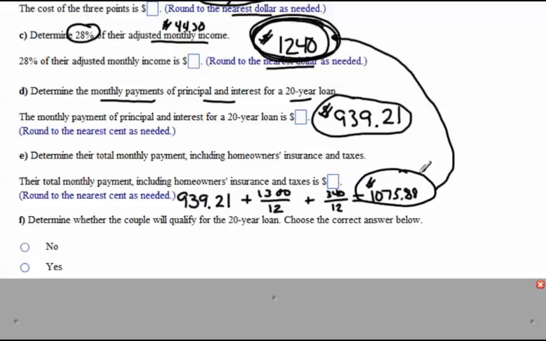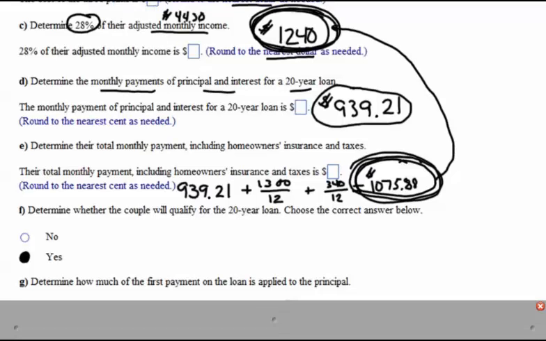And you notice their monthly payment would be less than or equal to $1,240 because it's only $1,075.88. So yes, they do qualify for the loan because their total monthly payment is less than 28% of their adjusted monthly income.